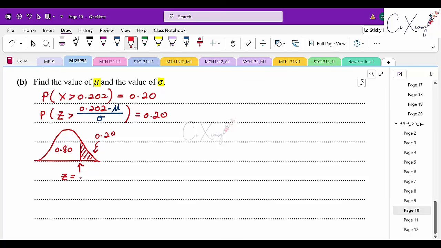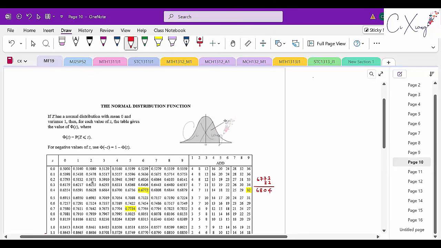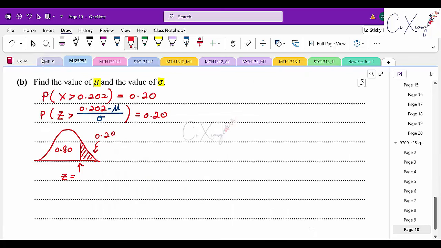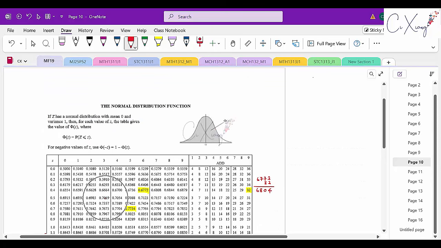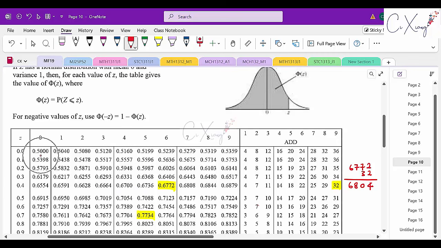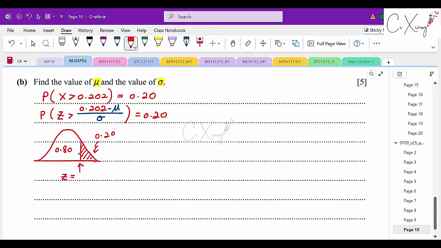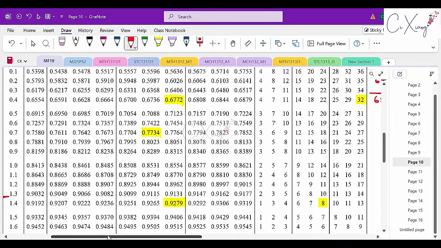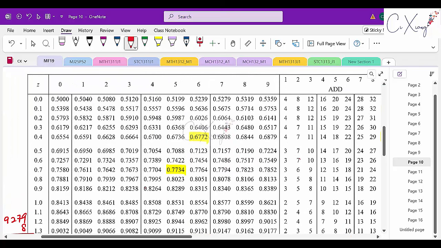Then I should use the table in the reverse way. I cannot find 0.2, because the area given in the table is this part and z is outside. If you look at the table, there's no 0.2 inside because the smallest area value is 0.5. Therefore, I have to use the complement area, which is 0.8.